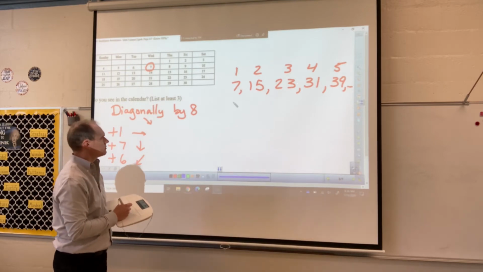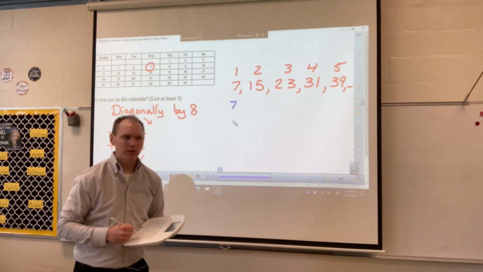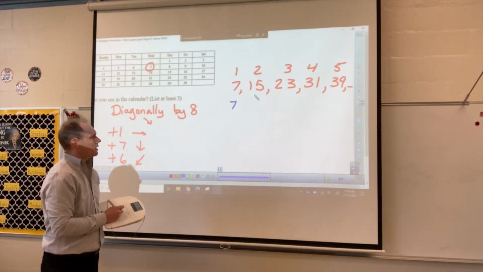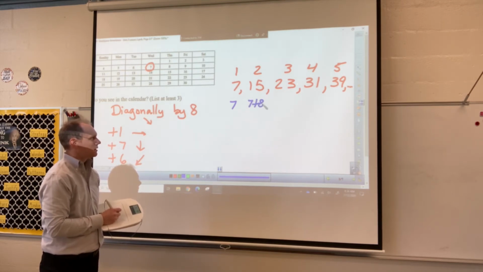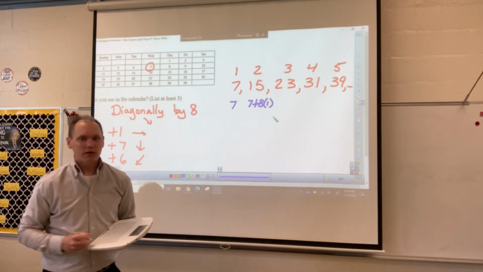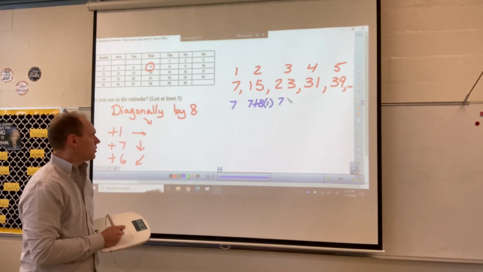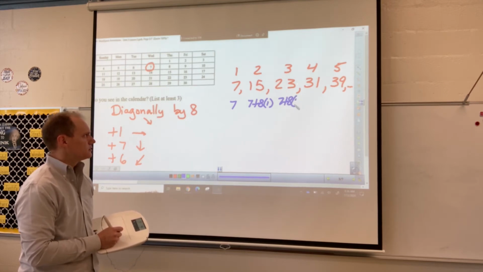So this term here, you can think of as being 7, right? The next term is 7 plus what? 8, right? One time. The next one would be 7 plus 8 times 2.